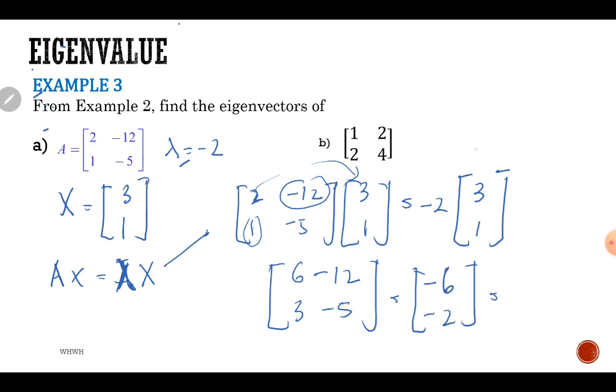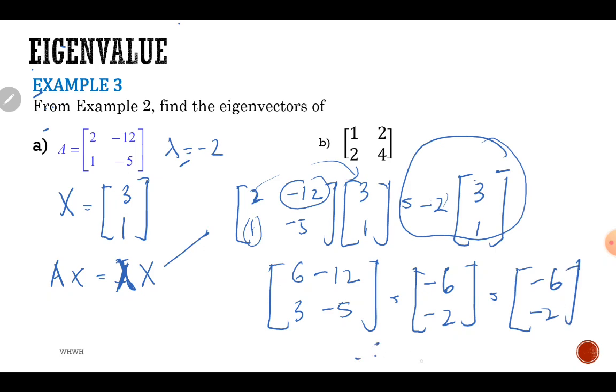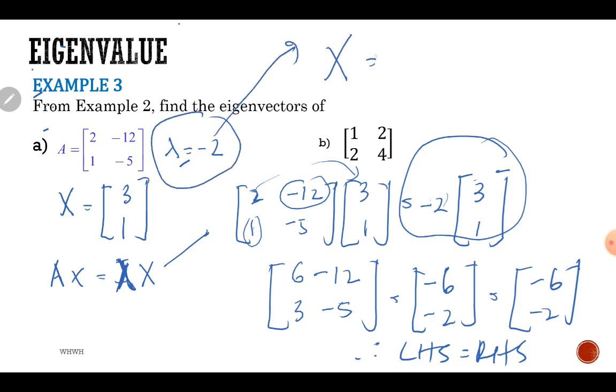Is it the same as on your right hand side? Yes. -2 darab 3 is -6, -2 darab 1 is -2. So we have left hand side sama dengan right hand side. So the correct answer for lambda equals to -2, one of the possible option is x equals to 3 1. You may choose other answer as well.